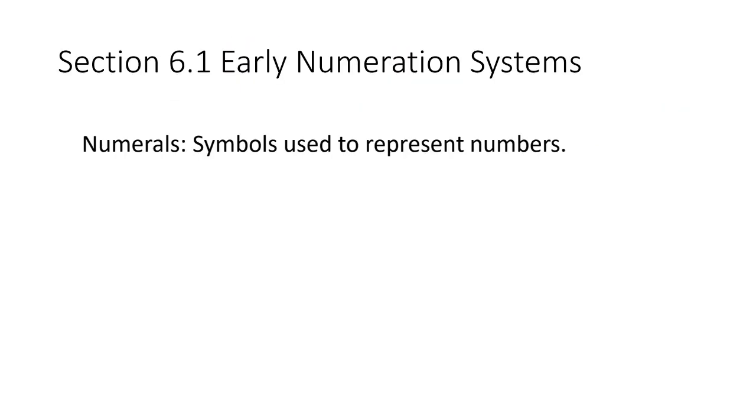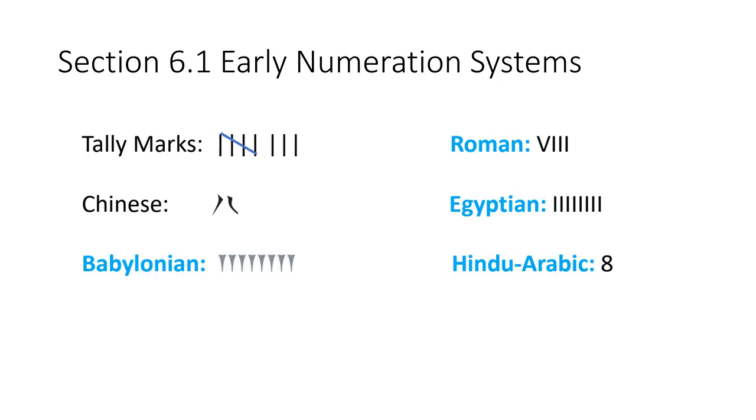So numerals are symbols that we use to represent numbers. For example, in the past, they would use a lot of tally marks, sticks with a cross-out to represent 5. The Chinese numeration system might have symbols that look like this. Then we had the Babylonians, the Romans, Egyptians, and many more.